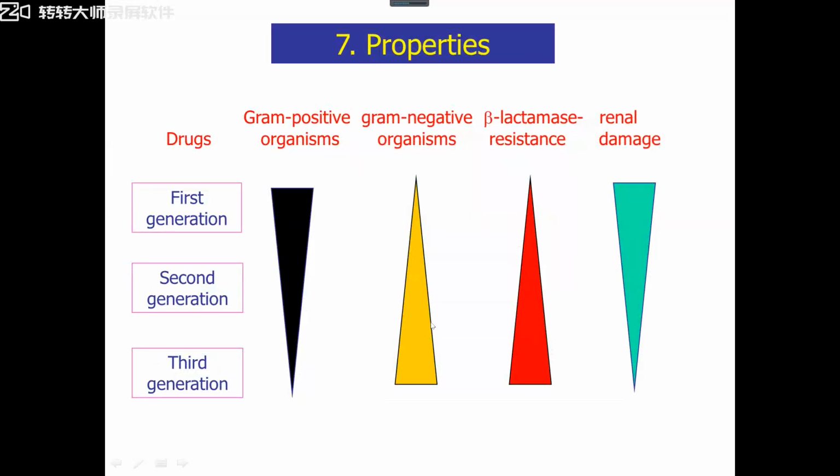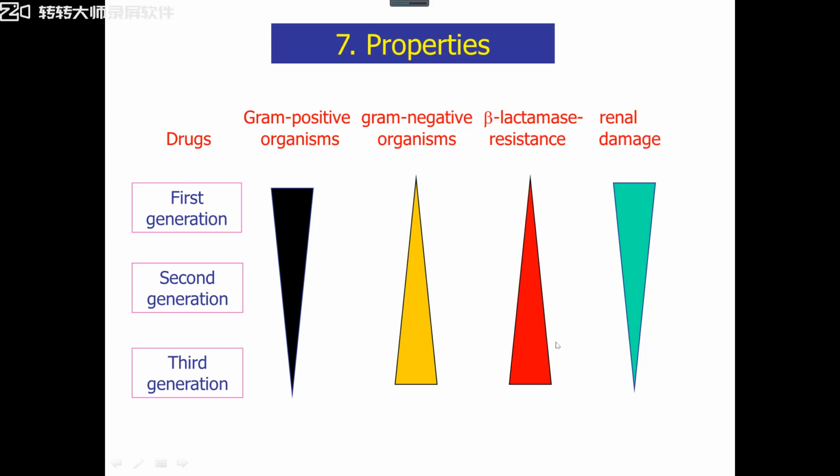Just now we studied three generations of cephalosporins. First generation mainly kills gram positive. Third generation mainly kills gram negative. The second generation is in the middle, so mixed infection. For beta-lactamase resistance, the first generation cephalosporins work for several weeks, and 1 to 2 weeks later, no use.